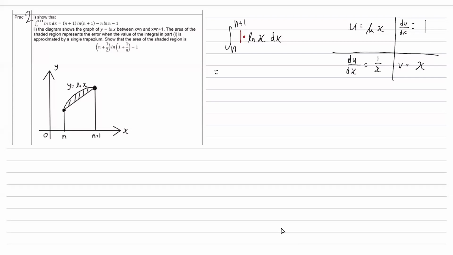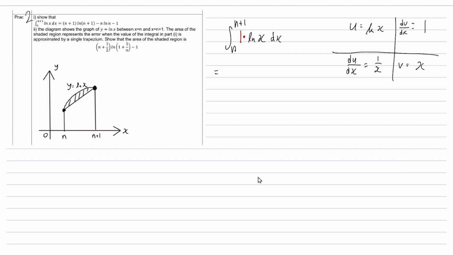Okay, let's take a look. I'll let you know if I cannot see. Okay, let's see. Pick u as ln x, dv/dx as 1, integrate 1 over x, integrate 1 to get x.